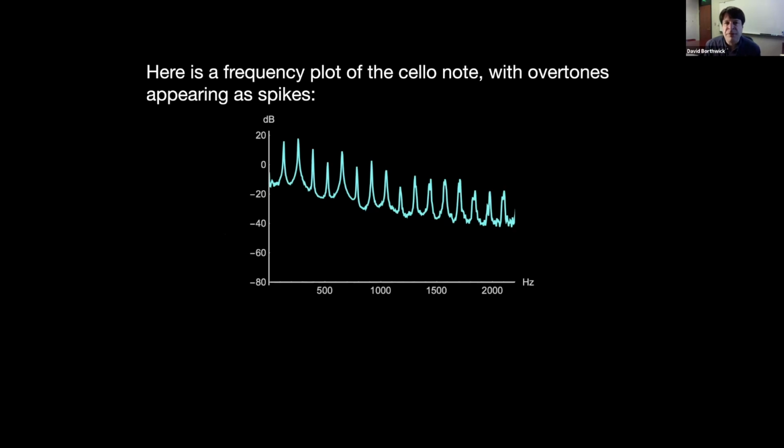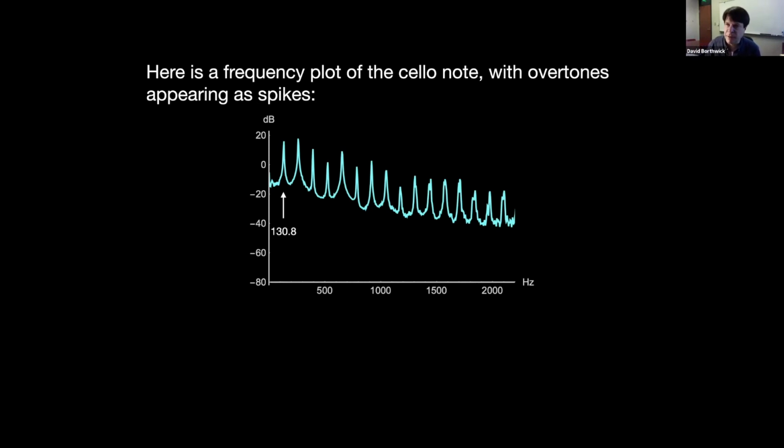So here's a frequency plot of the cello note, where I've just separated out the intensity of the sound at each frequency. And you can see the overtones as the spikes in this picture. So the actual note is roughly 131 hertz. That's where the bottom spike occurs, and the overtones occur at integer multiples.